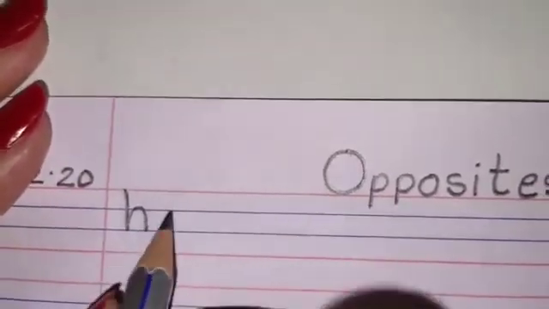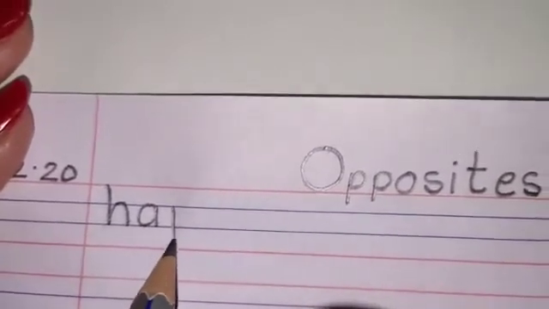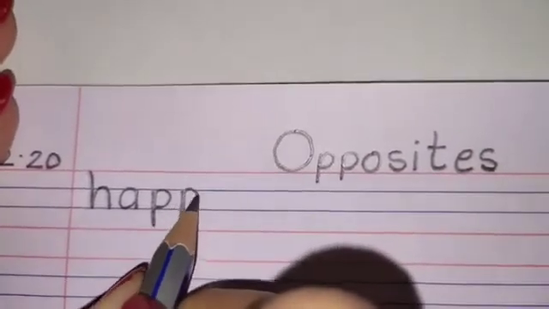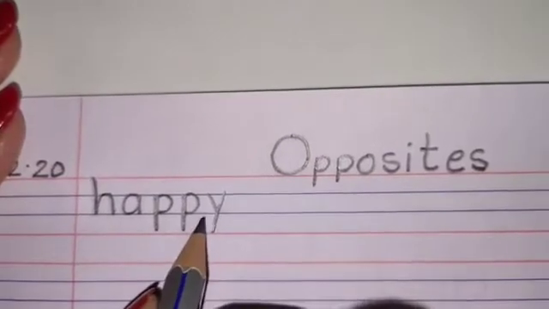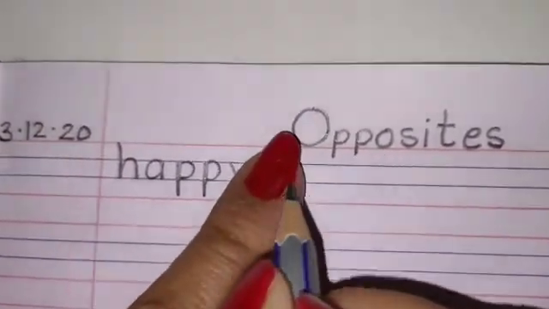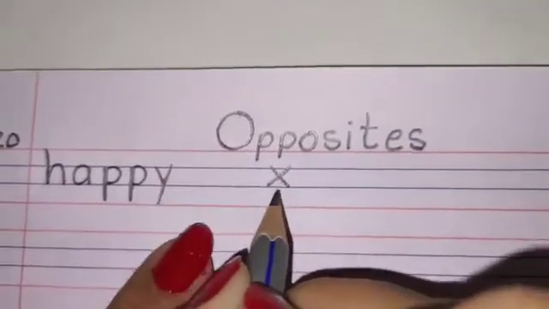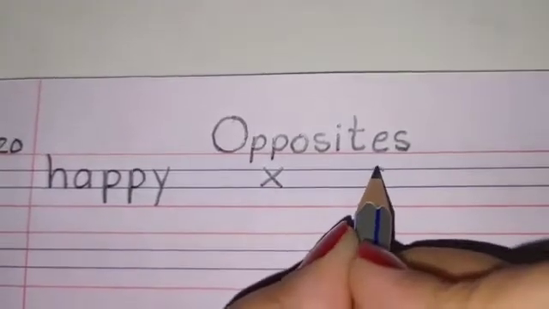First word is happy. H, A, P, P, Y. Happy. Then you leave 1-finger space and then we make a cross. And then leave again 1-finger space and we write sad.